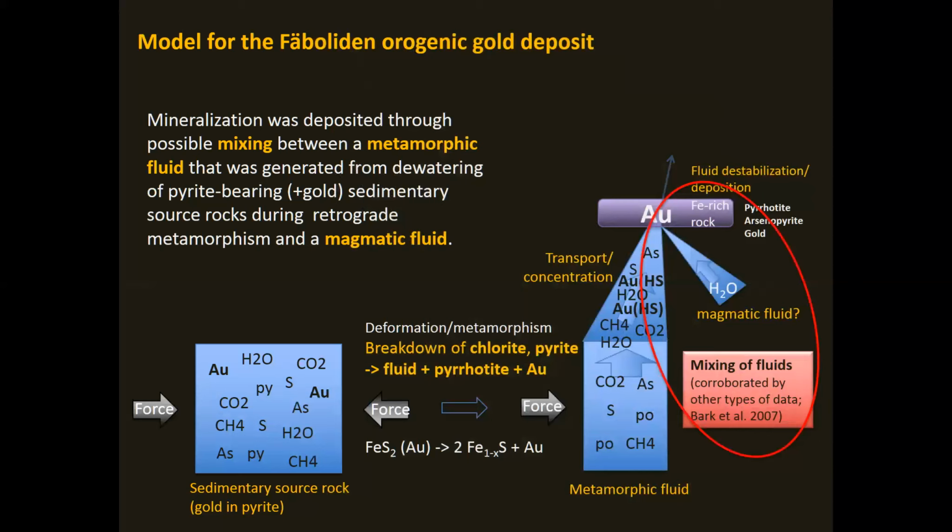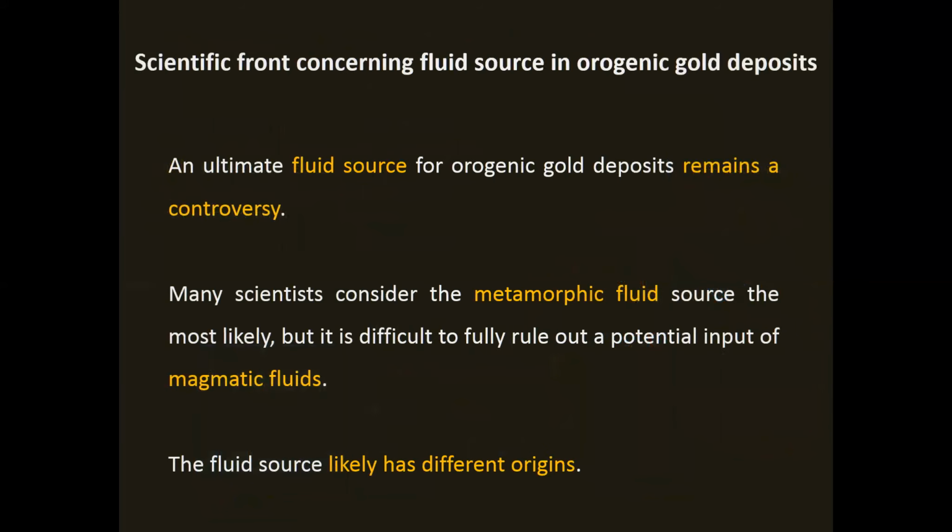So the mixing of these two fluids seems to be important, and it's corroborated by other studies that we have done on fluid inclusion analysis, also indicating mixing to be an important feature in the precipitation of the gold at the Fäboliden deposit. And this is pretty much where the scientific front stands today with regard to the origin of the fluid source in orogenic gold deposits.